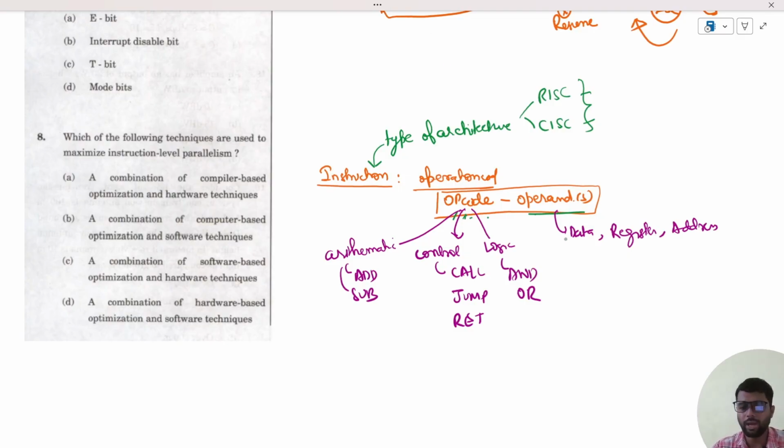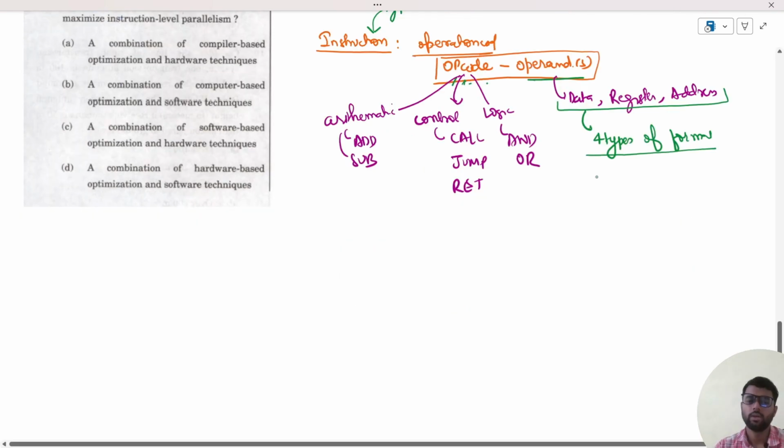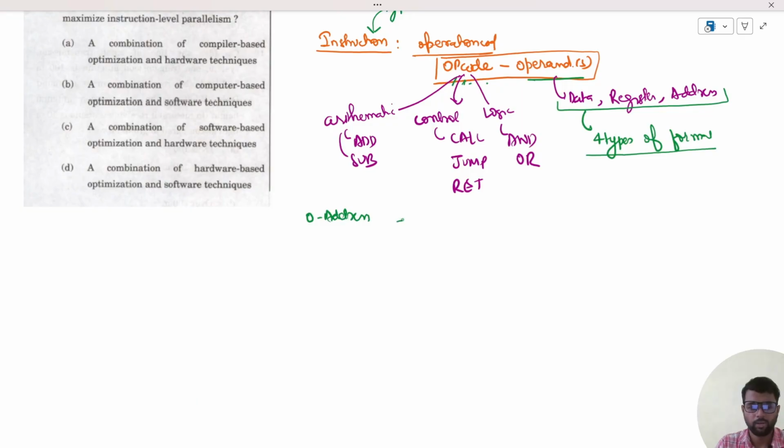Depending upon what we have in the operands, the instruction format could be of four types: zero address, then one address instruction, then two address instruction, and three address instruction.